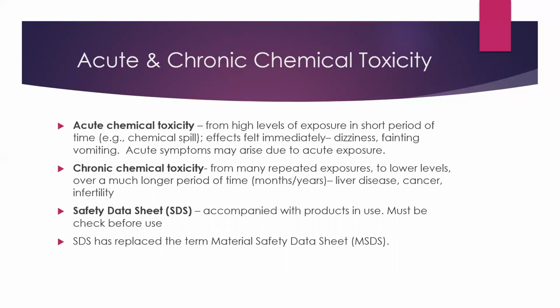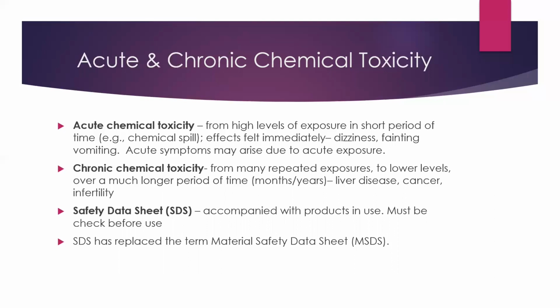Acute symptoms may arise due to acute exposure. Chronic chemical toxicity is from many repeated exposures to lower levels over a much longer period of time, like months or years. Such exposures can lead to something like liver disease, cancer, infertility, and so the problems are more dynamic.